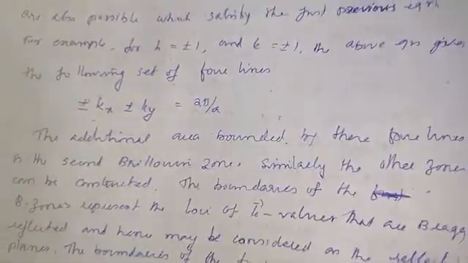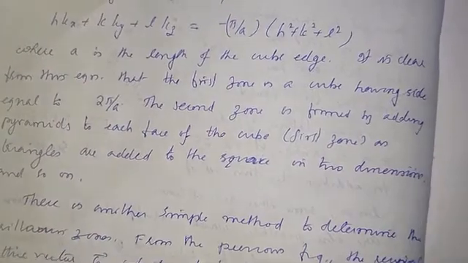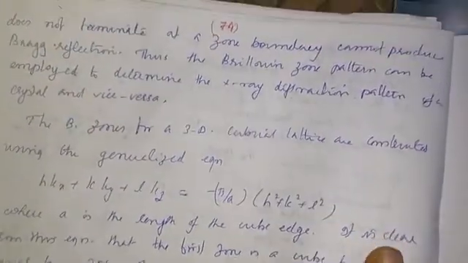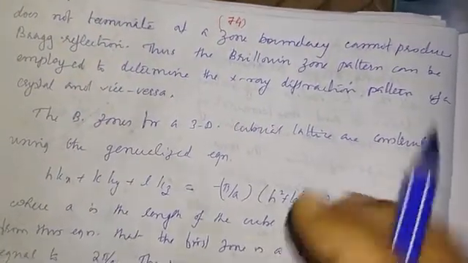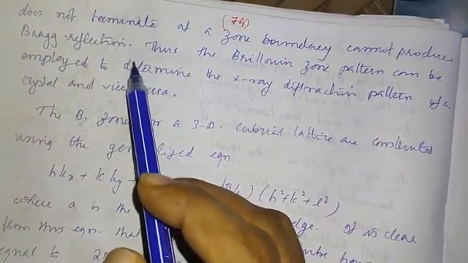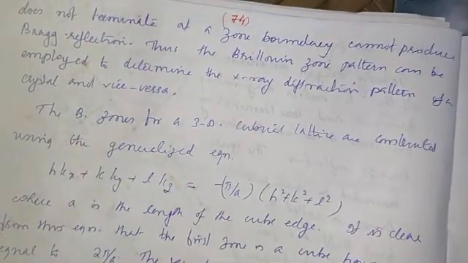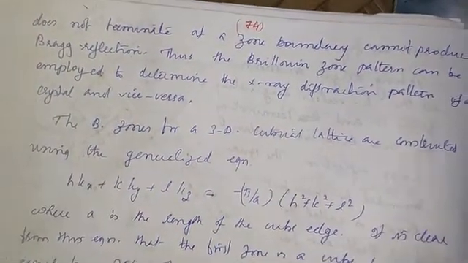A k vector that does not terminate at a zone boundary cannot produce a Bragg reflection. So the k vector should terminate at the zone boundary, otherwise it won't be Bragg reflected.